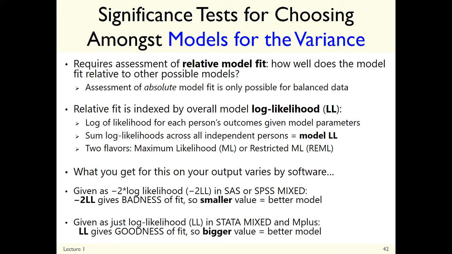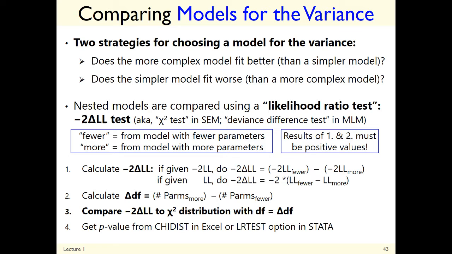Okay, so then on the variance side, this is where we do our -2 log likelihood. We did an example of that earlier, where no matter if you're in REML or ML, both of which are full information, remember, we would take the model with fewer parameters minus the model with more, and that gives us a positive value.